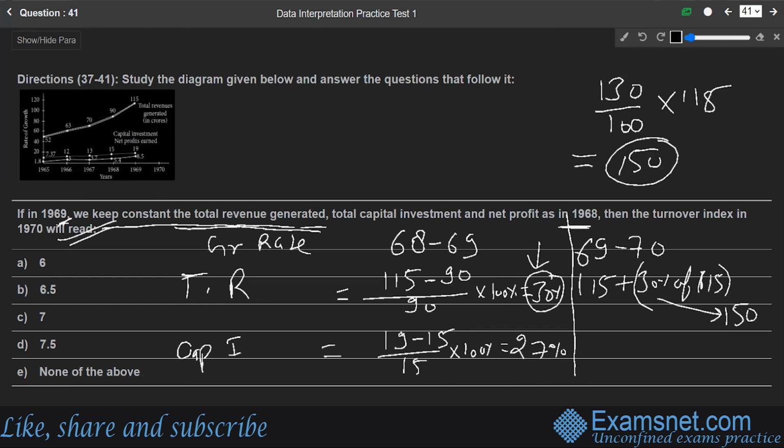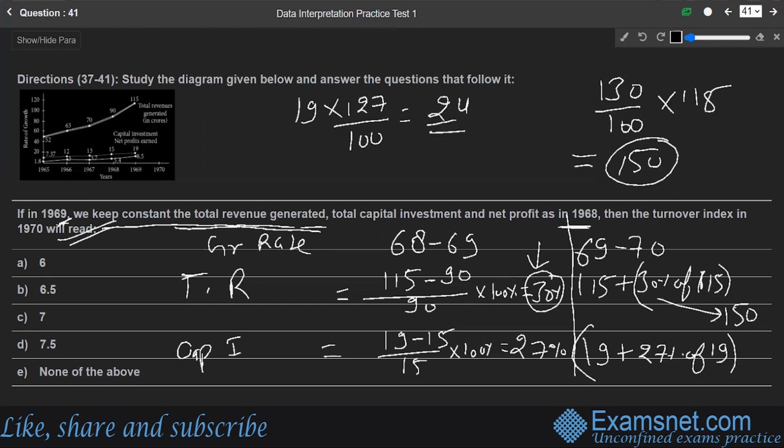So the value will be 27% higher than the value recorded in 1969, that was 19. So 19 plus 27% of 19, which means 127% of it, 19 into 127 by 100. If we calculate this, it comes out to be exactly 24.